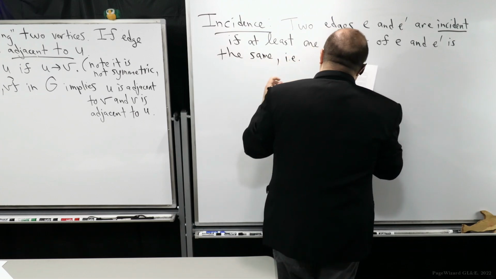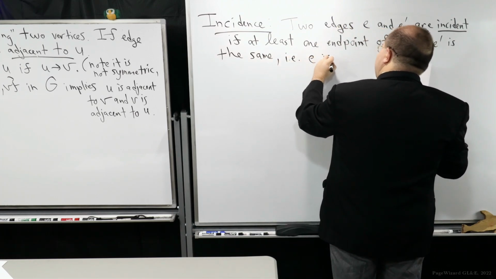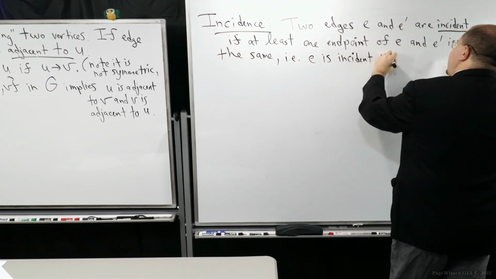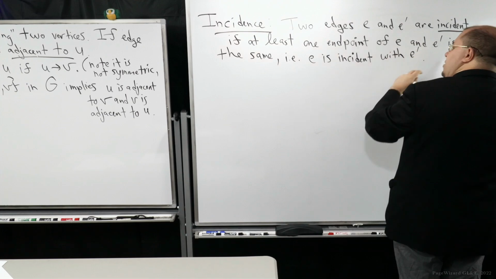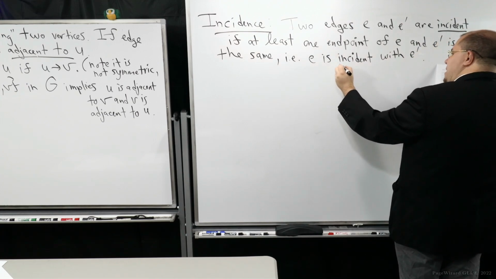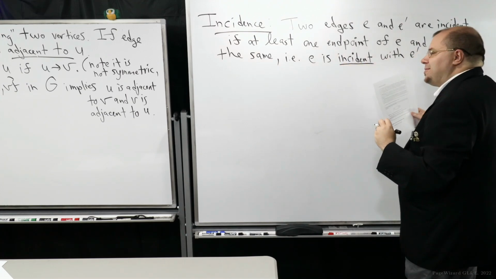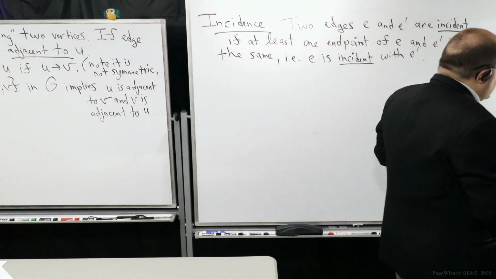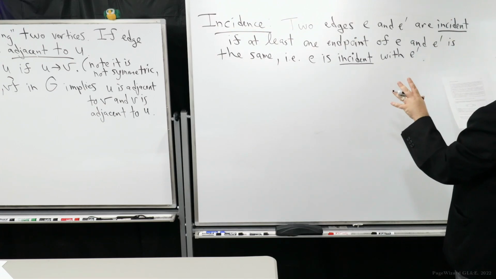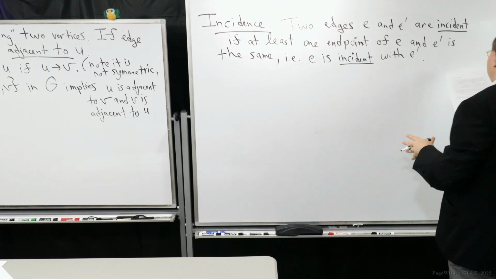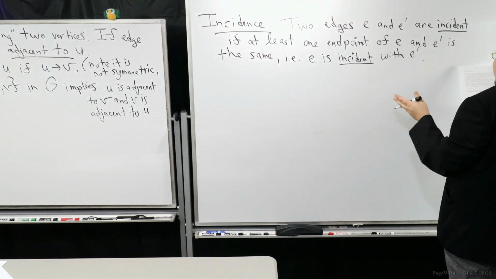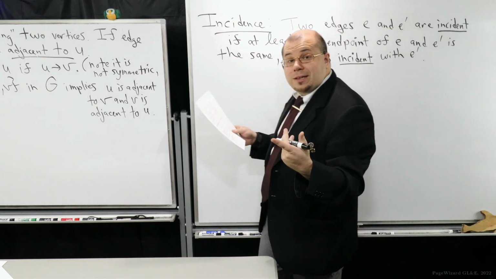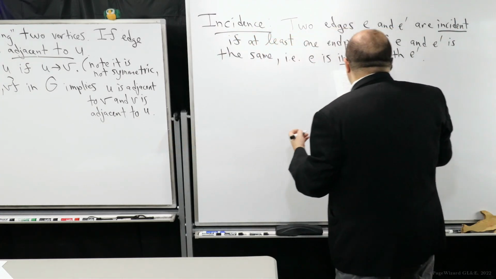So very commonly the phrase would be used as follows. E is incident with E prime. You can also say E prime is incident with E if we're dealing with undirected edges. So that's one notion you can use this idea. So another thing I should point out is that you can talk about the relationship one of the endpoints has with an edge using this concept as well.